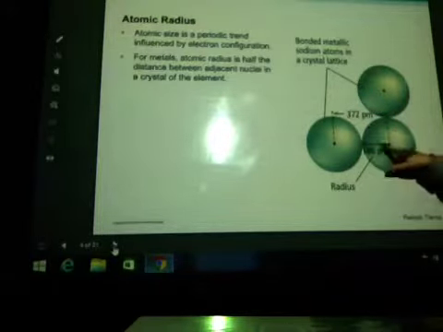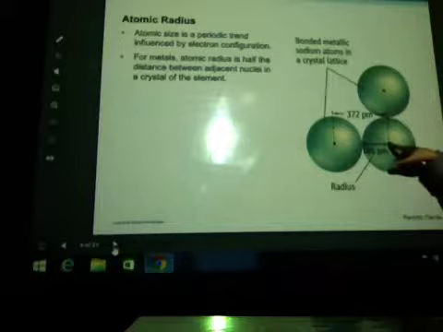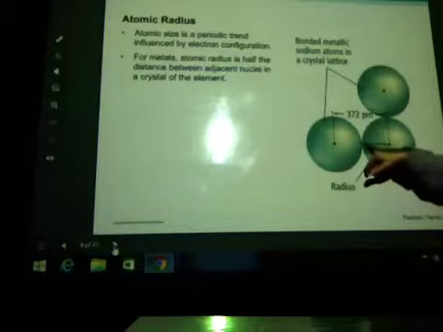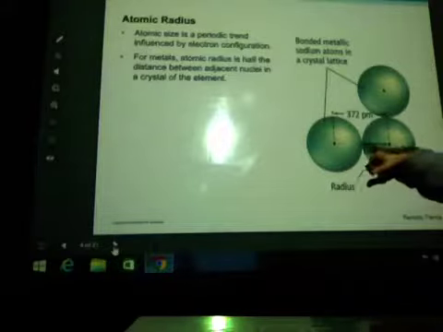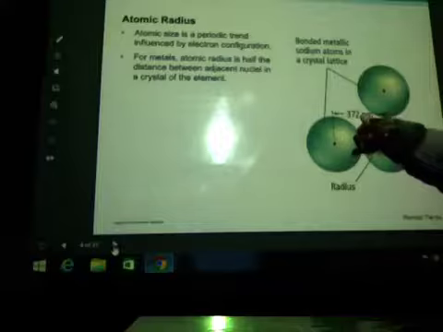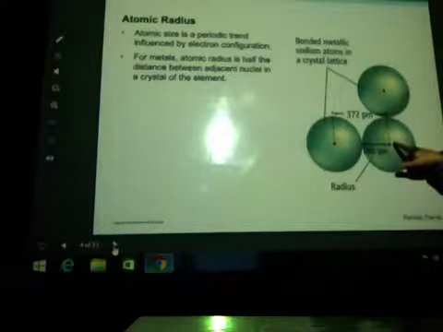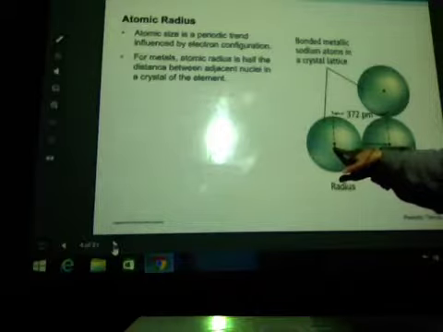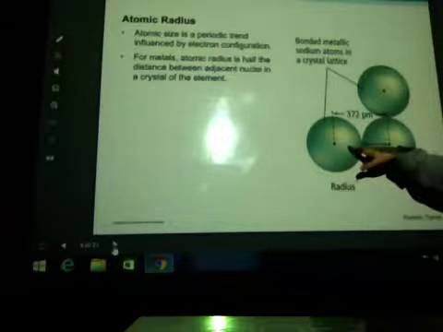So the atomic radius, it's just like in math, radius is half the distance of the diameter. So this would be the radius, the diameter would be 372, and also the distance from this nucleus to this nucleus would also be 372.